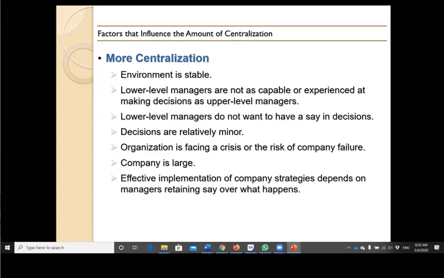So you may not need to mobilize the people in the lower levels of the organization to be involved in the decision-making process, because it's simple. And only the strategic managers, the top managers, can deal with the situation.